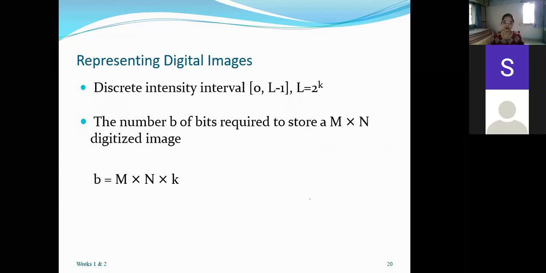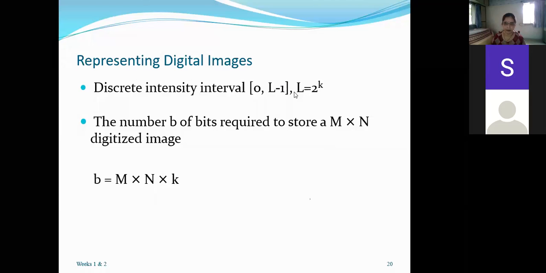So 0 represents black, 255 represents white, and all the intermediate numbers represent various gray values. As you move from 0 to 255, you will get greater and greater intensity value, or it is brighter than the lower values.